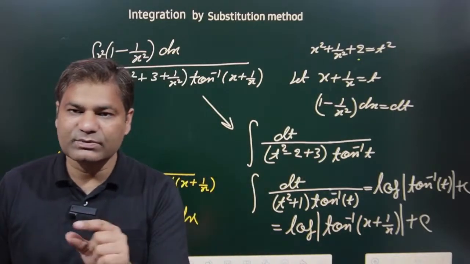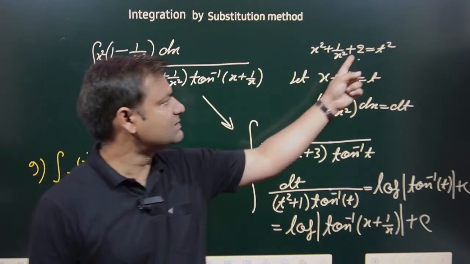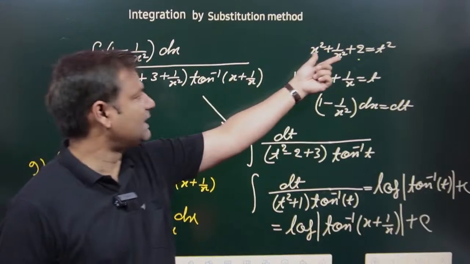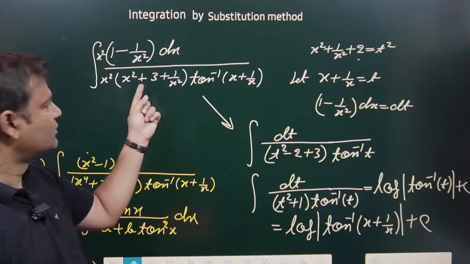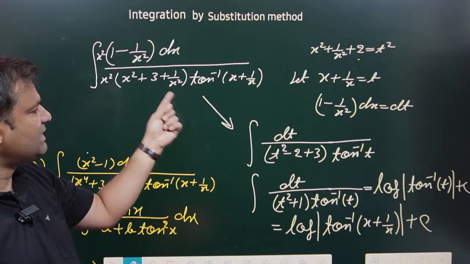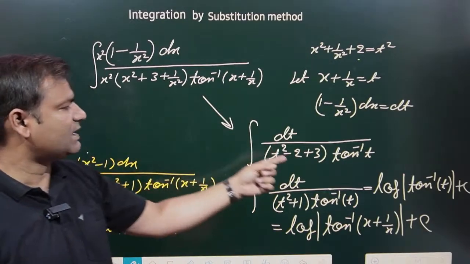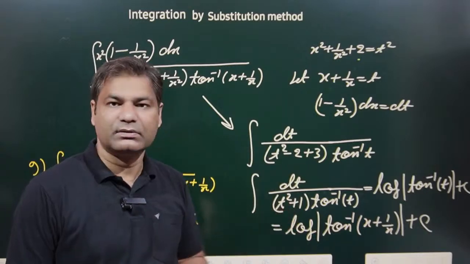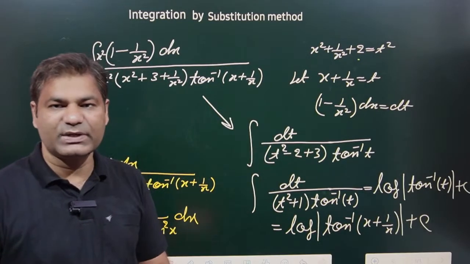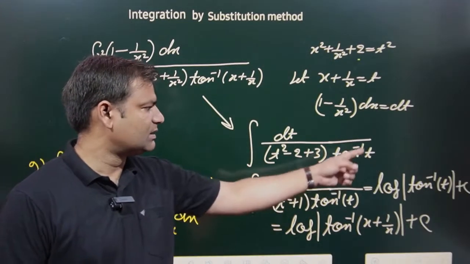So x square plus 1 by x square is written as t square minus 2, and plus 3 is also available. After solving this, we get t square plus 1. So dt divided by t square plus 1 into tan inverse t.